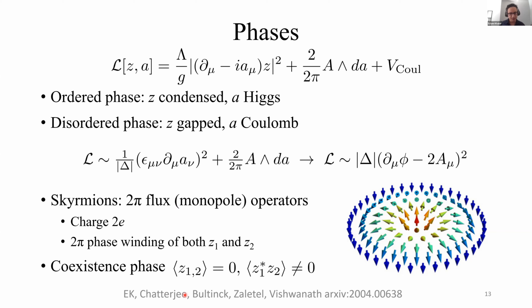We can just give Z1, Z2 a 0 expectation value, but maintain a finite expectation value for Z1 star Z2. And this is precisely related to the spin order parameter. One maybe simple way to understand it is that this Skyrmion texture only deforms the spin close to the core, while away from it the spins stay ordered. So including many of these Skyrmion textures doesn't necessarily disorder the background.